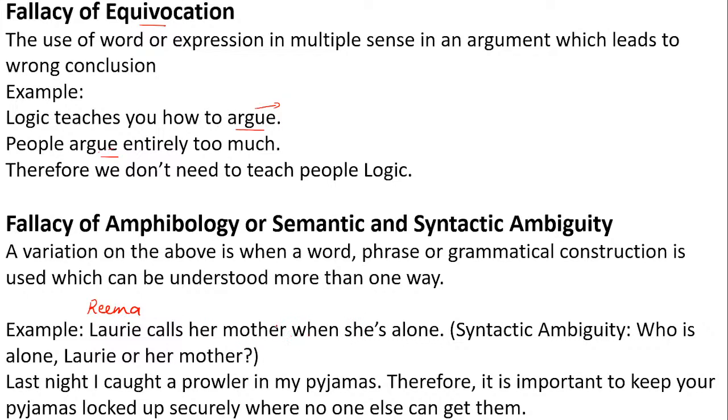Rima is calling her mother when Rima is alone, or Rima is calling her mother when her mother is alone. Here she could be Rima, and she could be Rima's mother also. This statement has two meanings. So this is a fallacy of amphiboly.